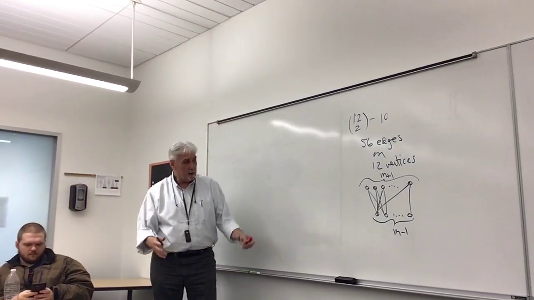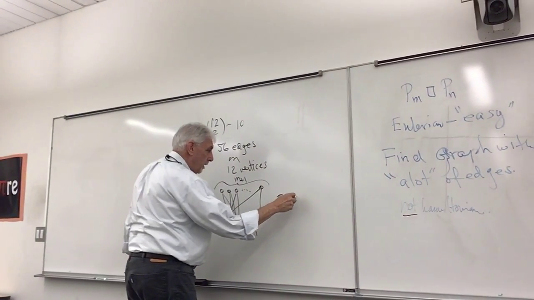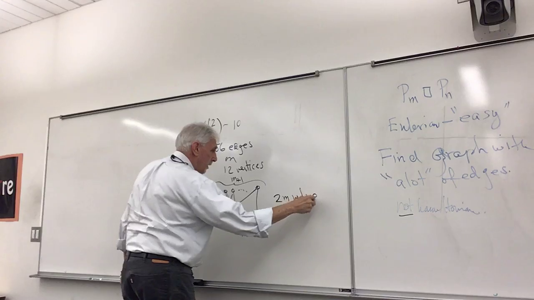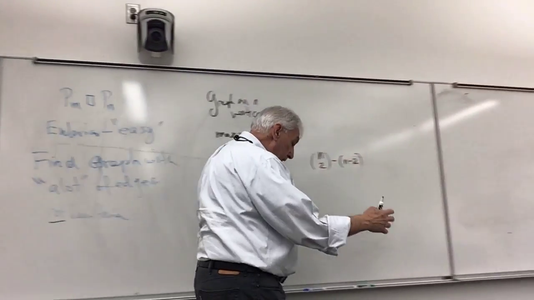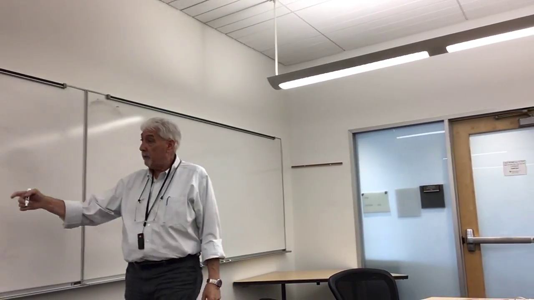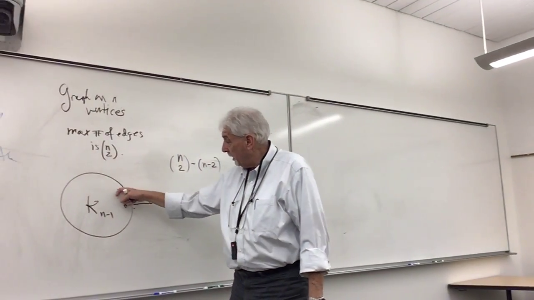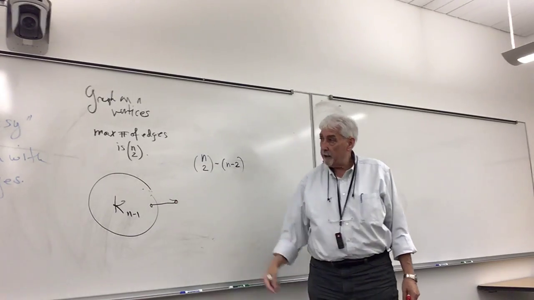Why do I want to do that? So I have 2M vertices. Here I have a big dense piece, and just one edge. A big dense piece and one edge.